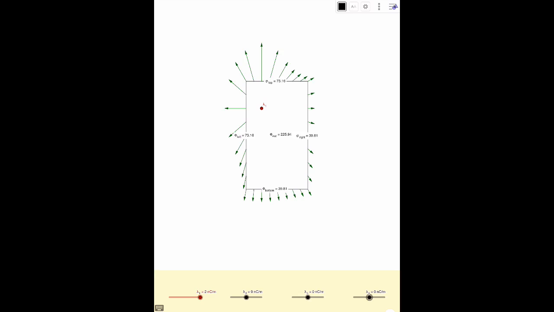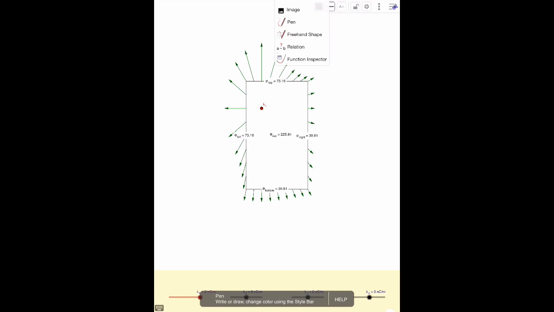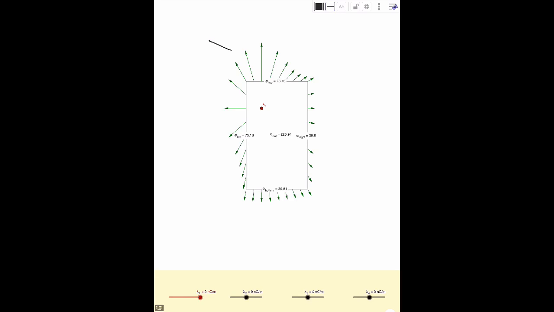Okay, so here we are. What we see in green lines is nothing but electric fields. And this surface is the closed surface.